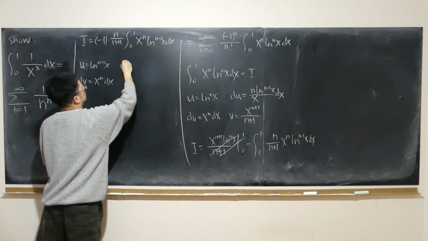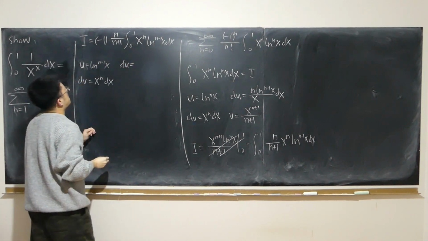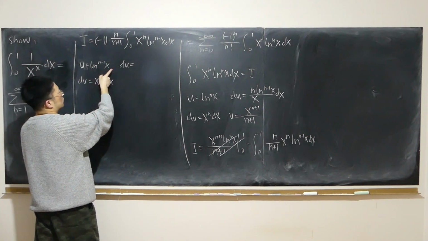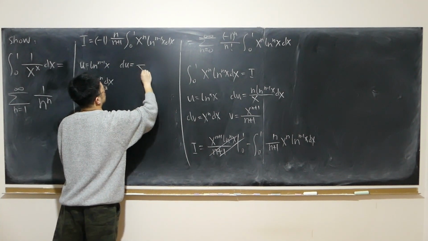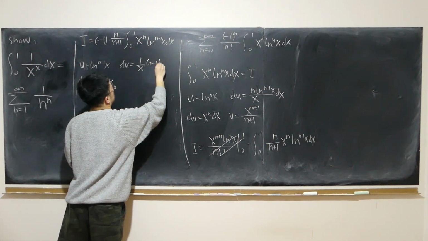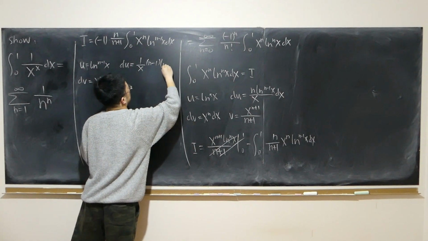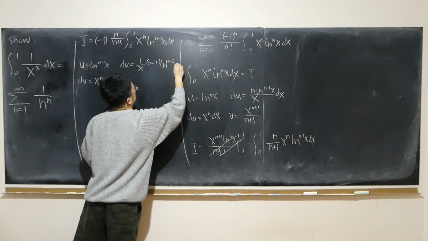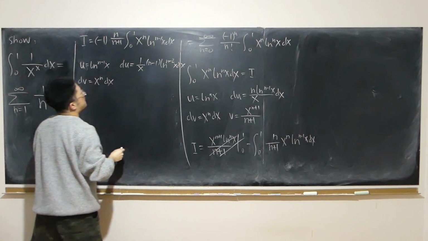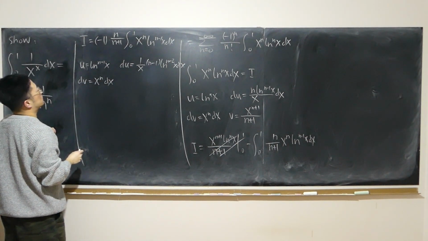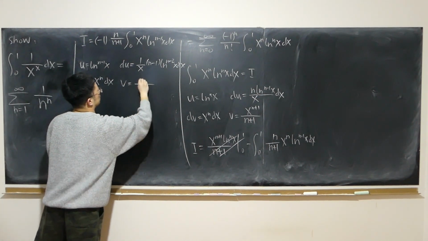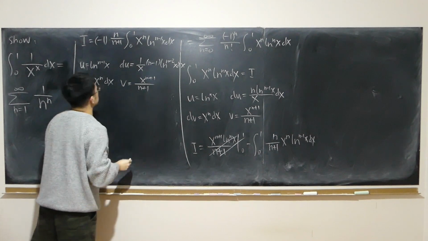That way, du is easily found by the chain rule. In the end, I'm going to multiply by 1 over x, then take down the power: n minus 1 times log to the n minus 2 of x dx. So v is again 1 over n plus 1 times x to the power n plus 1.